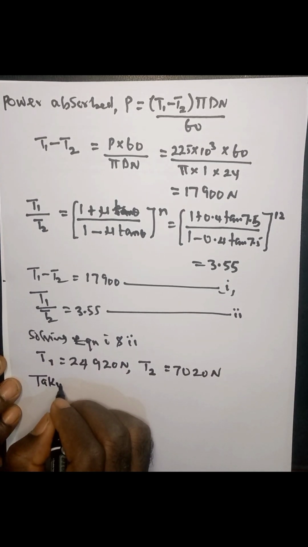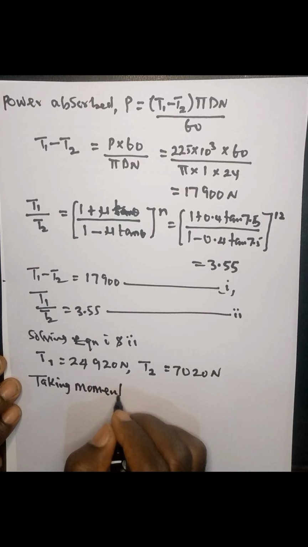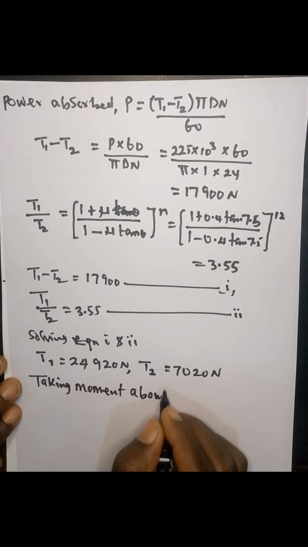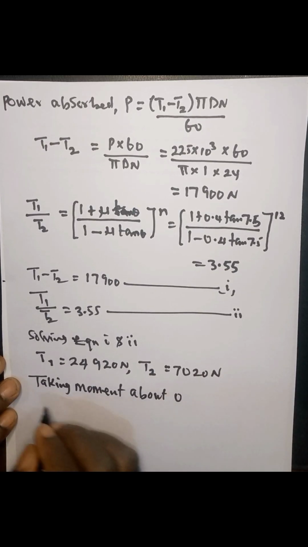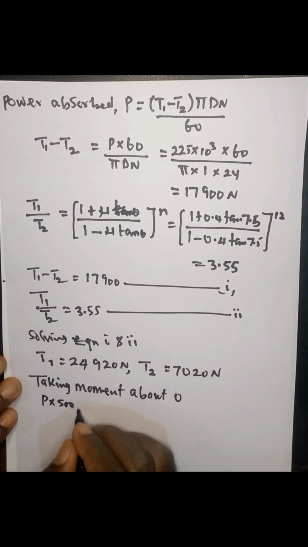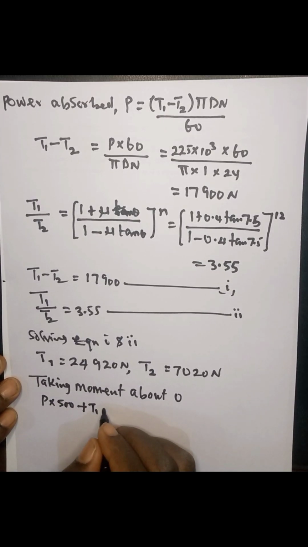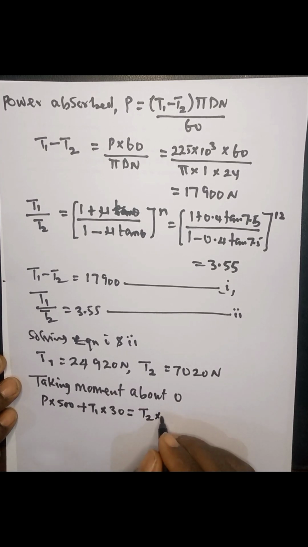Now, let us take moment about O. Taking moment about O, then we have P times 500 plus T1 multiplied by 30 is equal to T2 multiplied by 150.